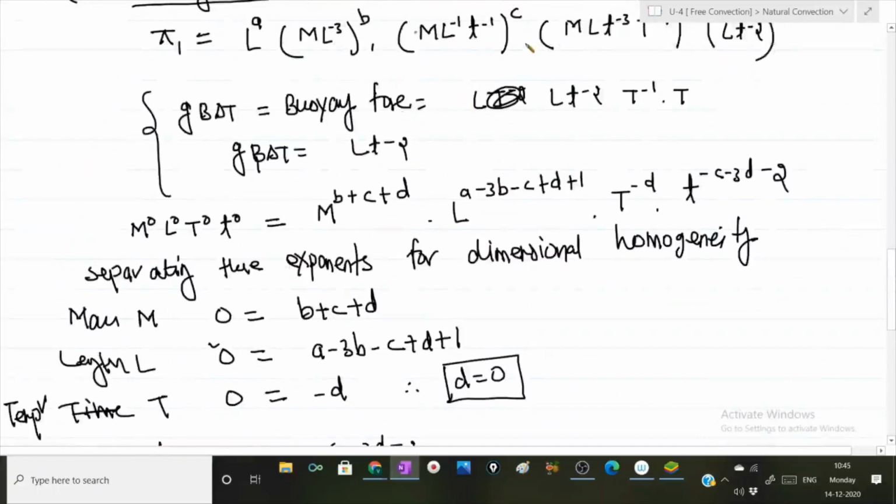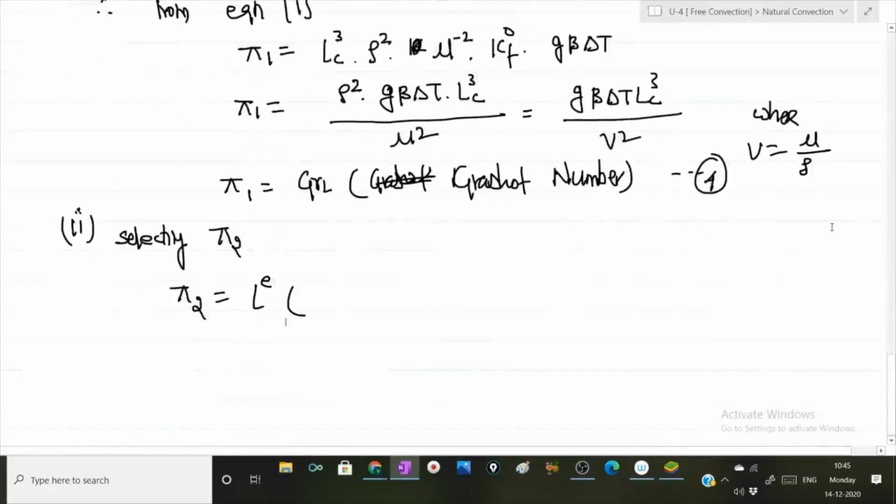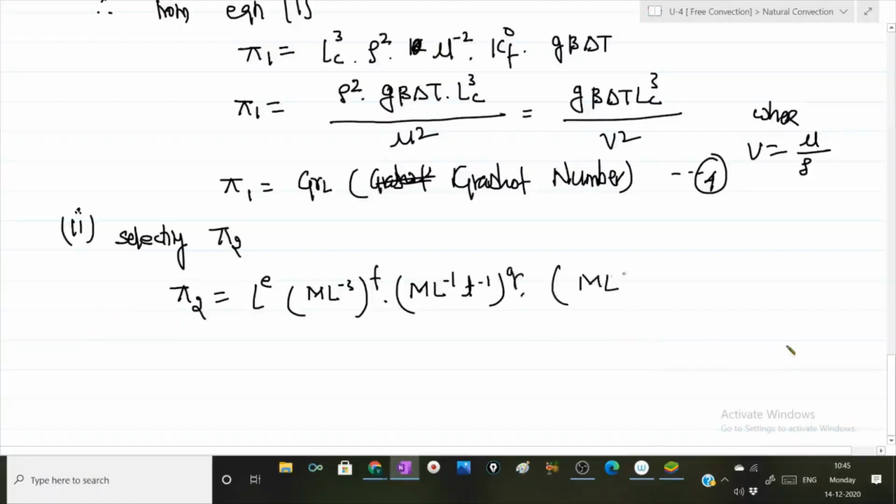So I can repeat this for L power e, M L power minus 3 f, M L minus 1 T minus 1 to the power g, and M L small t minus 3 capital T minus 1 to the power h.